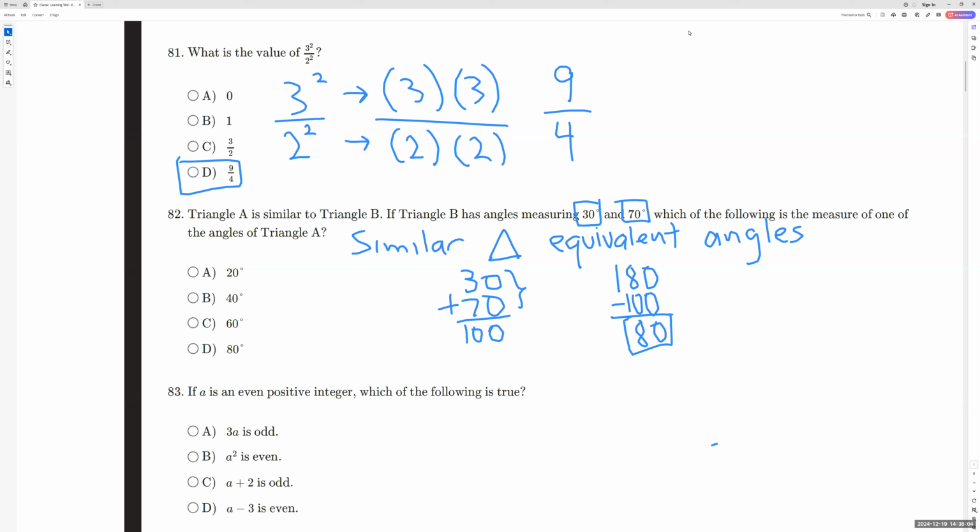A is 20, that's not 30, 70, or 80. B is 40. C is 60. Finally, D gives me the 80. So that is the measure of one of the angles of triangle A because they have the same equivalent angle measurements, if you will. So 83, if A is an even positive integer.